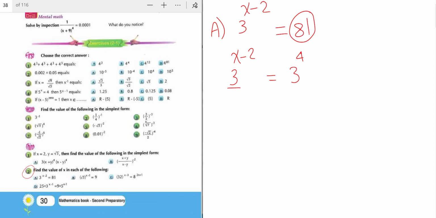It becomes base equals base, so the power equals power. x minus 2 equals 4. So x becomes equal 4 plus 2 equals 6.